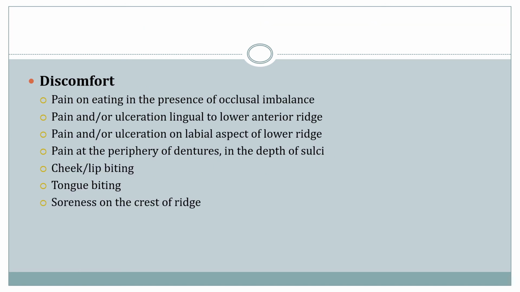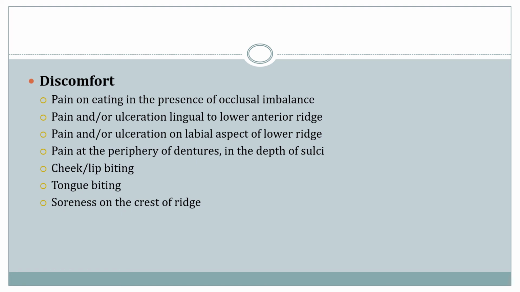Yeah, and the discomfort. One more error is that it causes a lot of discomfort to the patient. The patient will complain of pain in the presence of occlusal imbalance. So if your patient comes back complaining that he has pain, what are the different things that you will have to look at? First, occlusal imbalance.